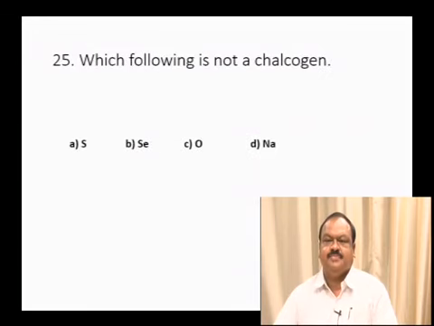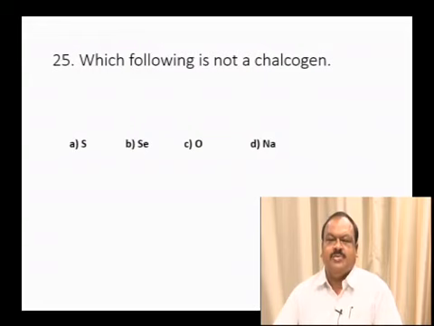Next, which of the following is not a chalcogen? Oxygen family is generally called chalcogens. Oxygen family contains oxygen, sulfur, selenium, tellurium, polonium.